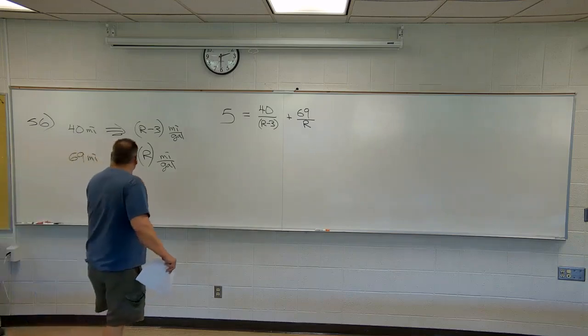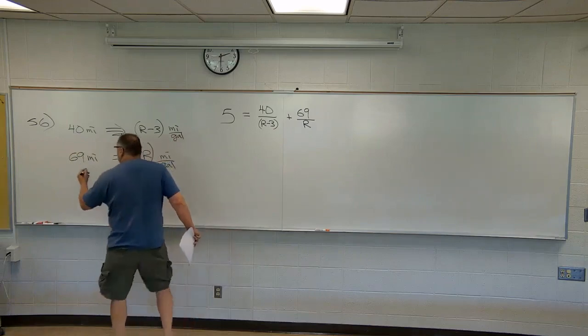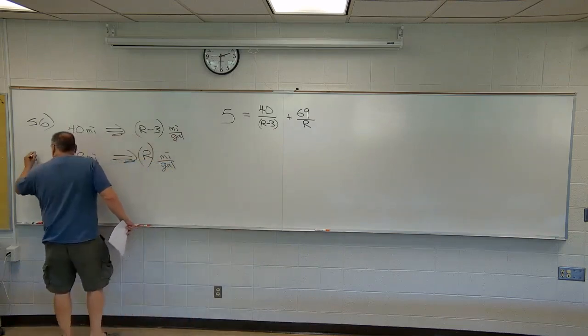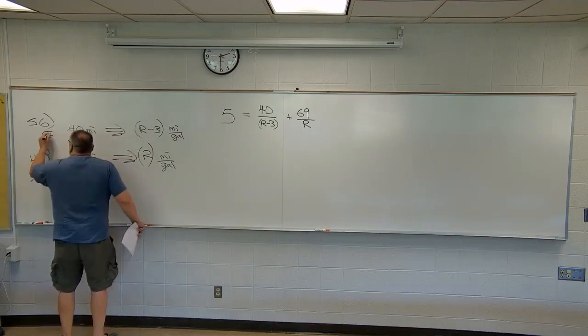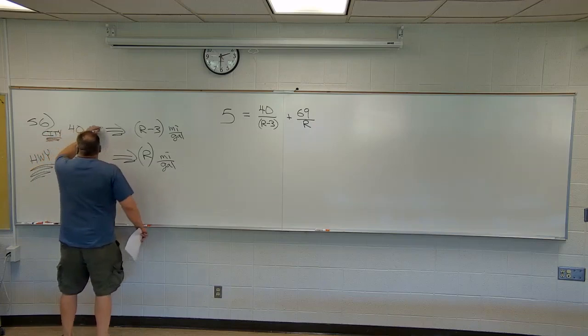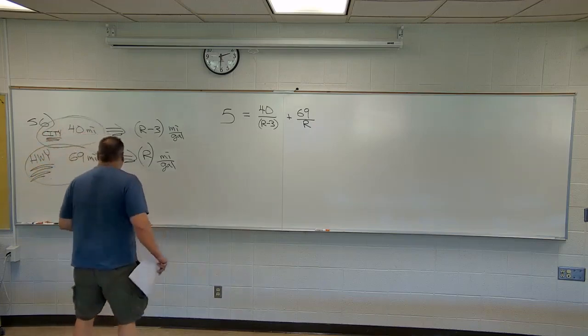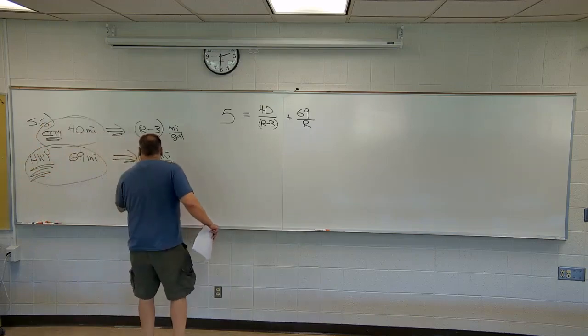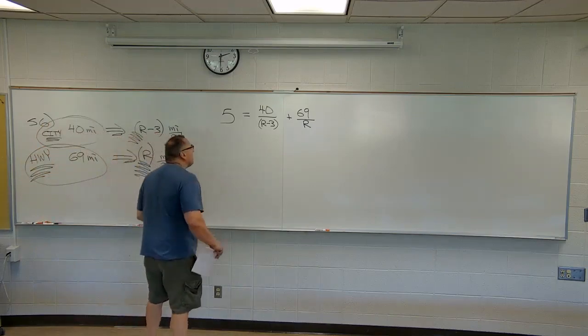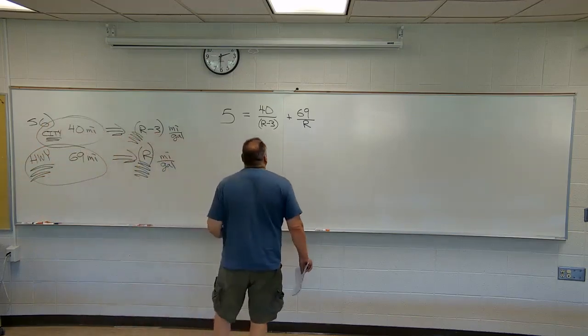That's going to be R. This is highway, this is city. I want the highway. Highway is this. City is that. The rest is math, you guys.